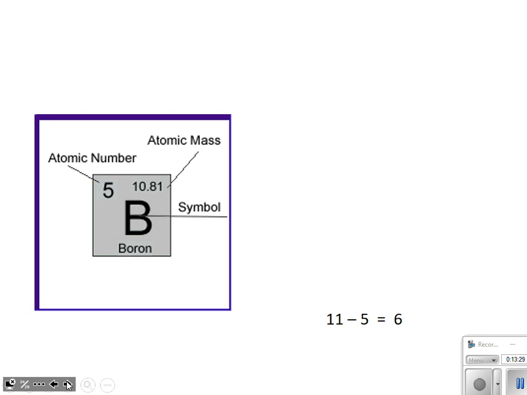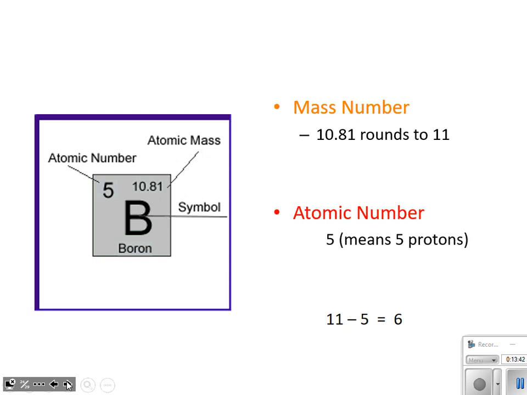So, if I'm going to look at this, I'm going to say my mass number rounds to 11. My atomic number is 5, meaning that there's 5 protons. 11 minus 5 will give me 6 what? 6 neutrons. All right? 6 neutrons. Not too tough, is it?